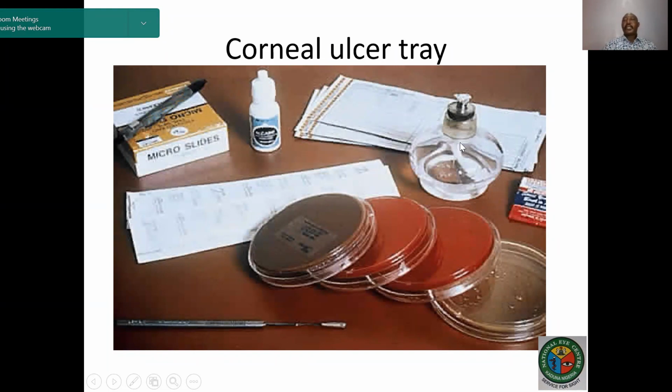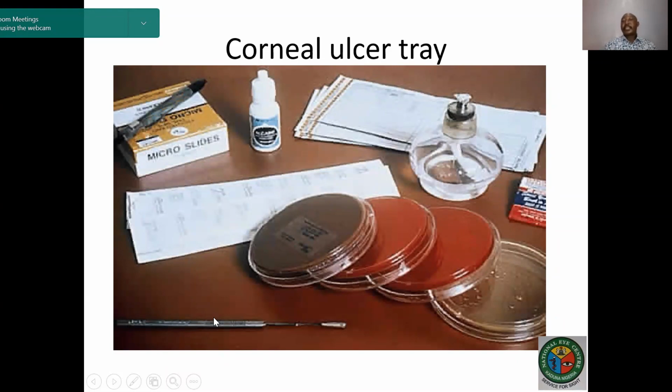We also have lighters and a lamp so as to sterilize the instrument we use in scraping. And that is particularly where we use a Kimura scraping tool.